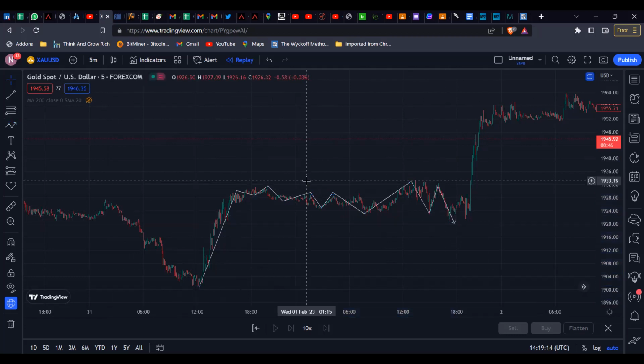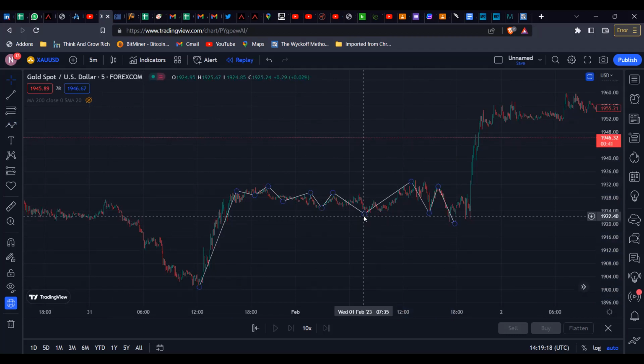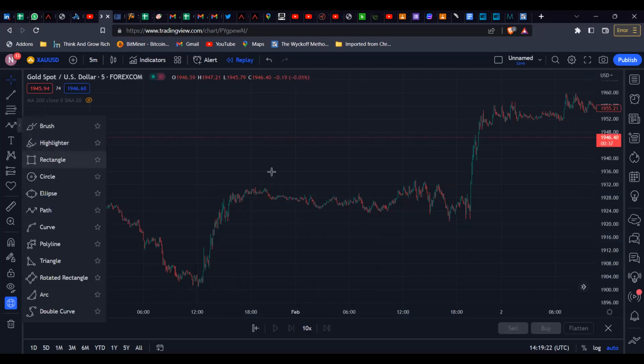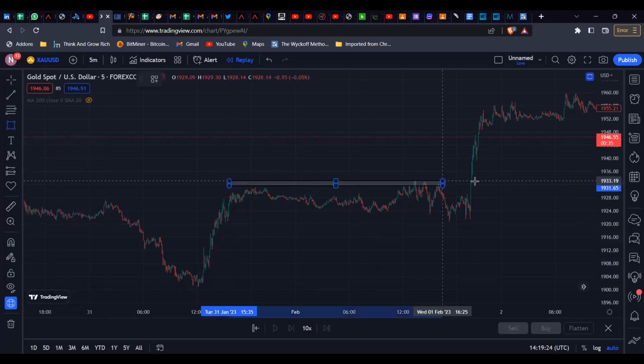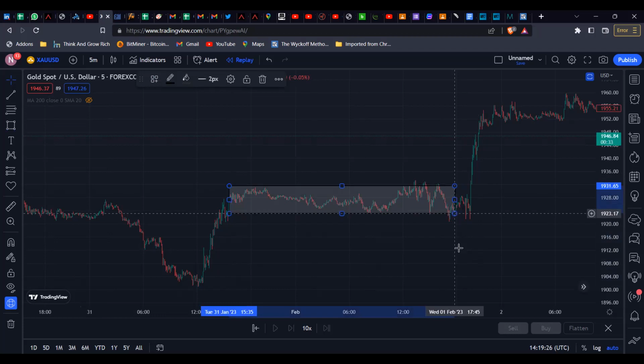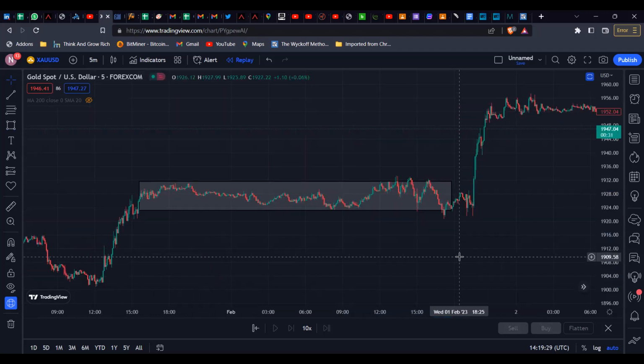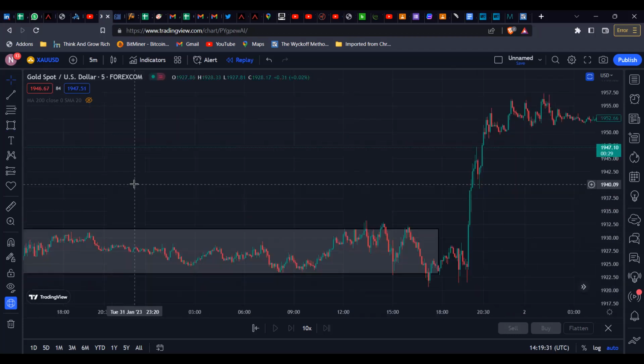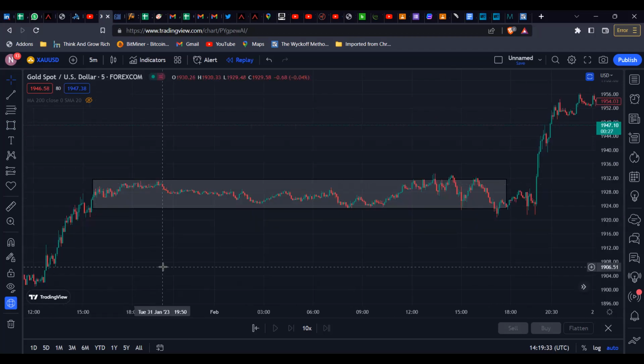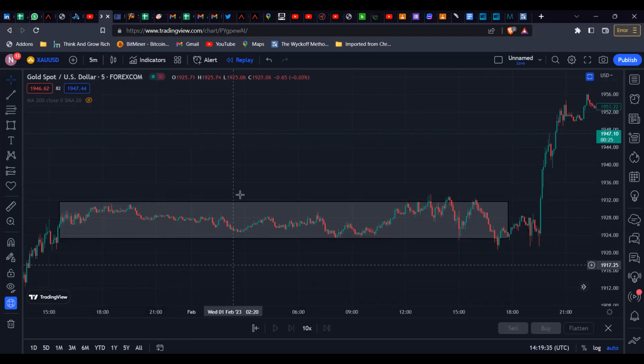In this case, it just kept ranging and the range began to expand a little bit. Let me just draw a box to cover it. So this would be the range, right? Now this is a 5-minute chart. I showed you an example on the daily chart. Actually, my actual trade was taken based on a 1-minute time frame.